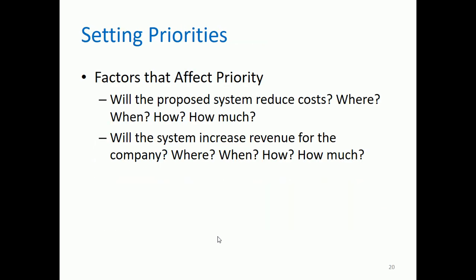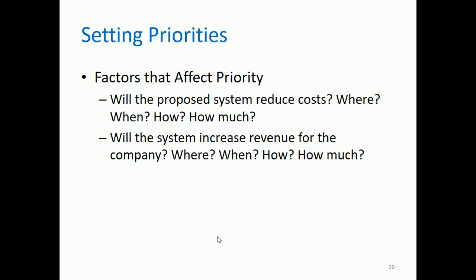Okay, setting priorities. Factors that affect priority. These are the key questions. For example, if you are a systems analyst for your IS project to start. So first, will the proposed system reduce costs? Or where will the system reduce cost? When? How?